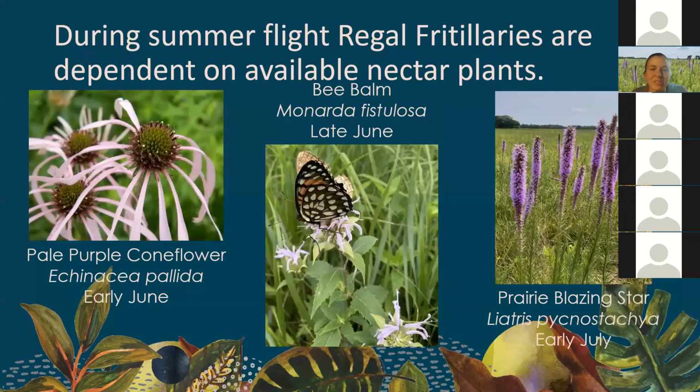So some examples of what they're looking for as a full butterfly would be pale purple coneflower, which is available in early June, bee balm in late June, and prairie blazing star in early July. The regal fritillary is not dependent on these specific nectaring sources, but these are some preferred ones that they will utilize.